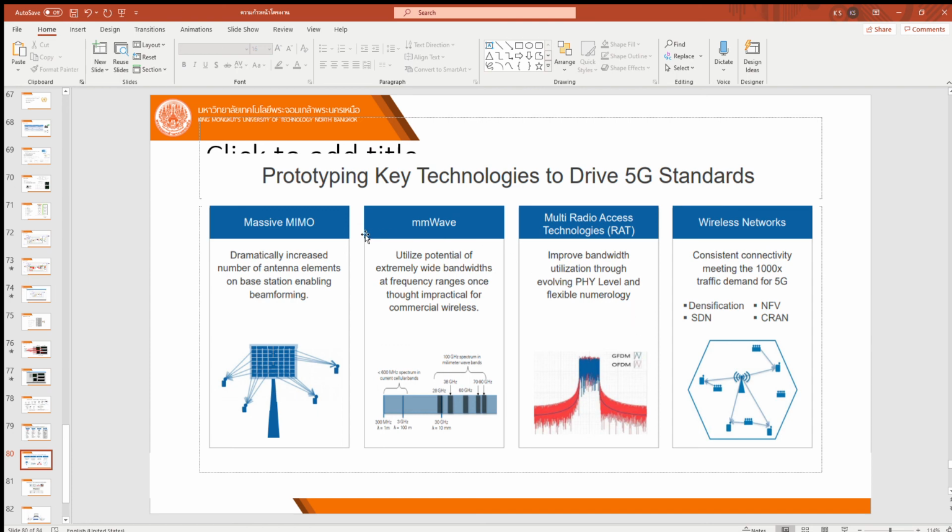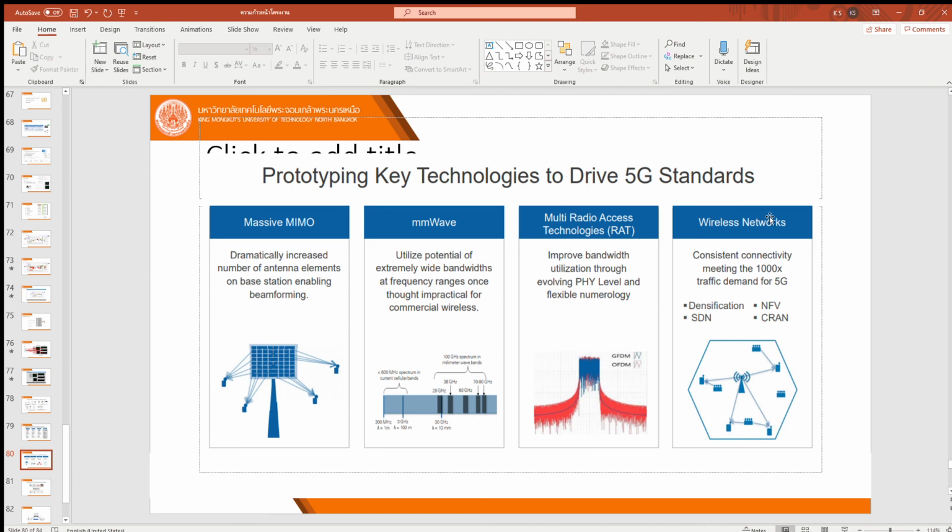So the key is massive MIMO. That means you need an SDR with more than one antenna. You need up to 64 or 128 antennas for the SDR to prove the concept. For mmWave, you need a very high bandwidth SDR, and multiple radio access as well.